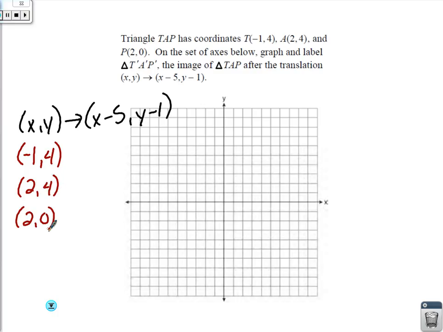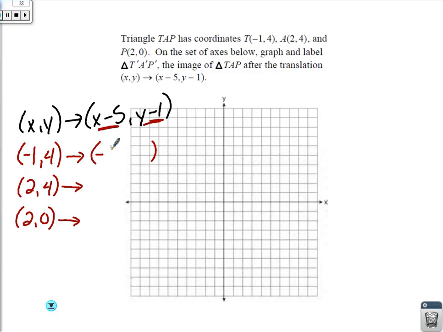Turns into, do these three for me, Riley, Carly, and Alex. Riley, you got the first one. It's right here: minus 5 and minus 1. It's a translation.